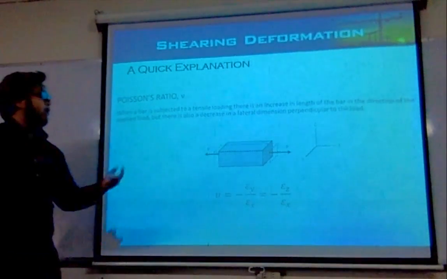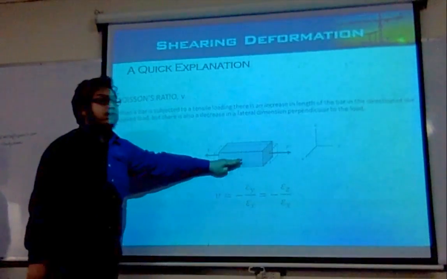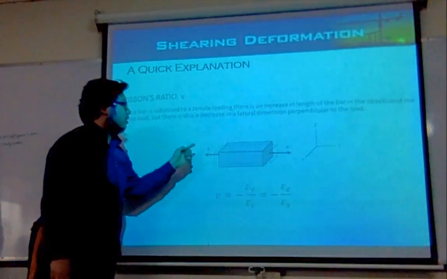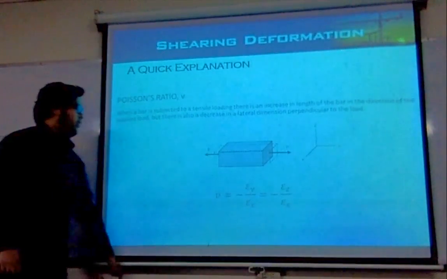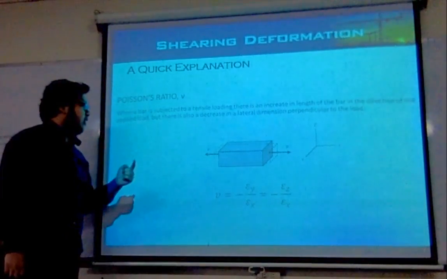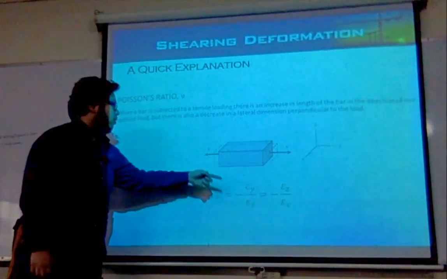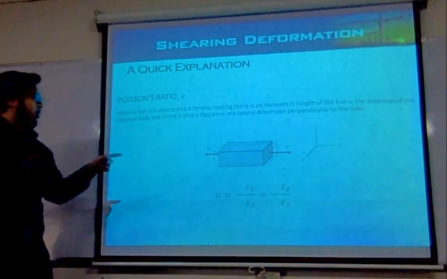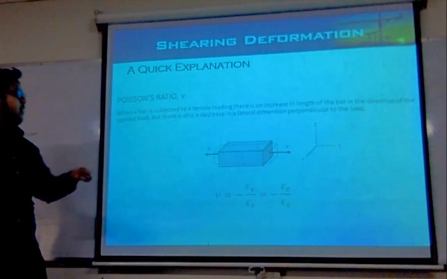This also applies to compression, where force is applied in a certain direction, for example X. So Poisson's ratio V is equal to negative shear strain of Y over shear strain of X, or if applied in direction Z, V is equal to negative shear strain of Z over shear strain of X.